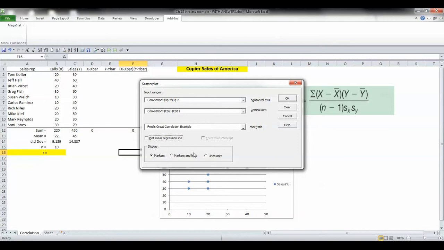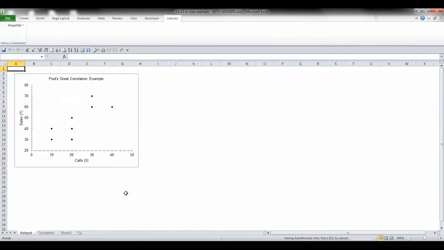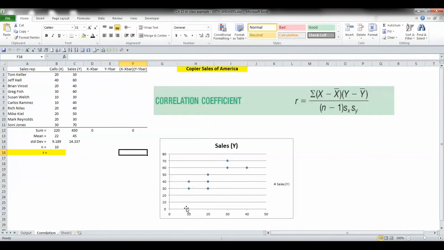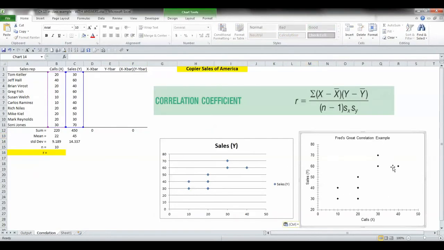And you can leave the display markers as the default. Hit OK. And as you can see, we'll copy this over. MegaStat makes a slightly prettier graph, but it is the same data, so you see essentially the same slope that you see in the Excel raw information.